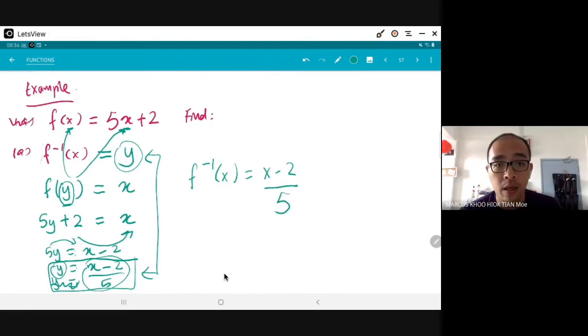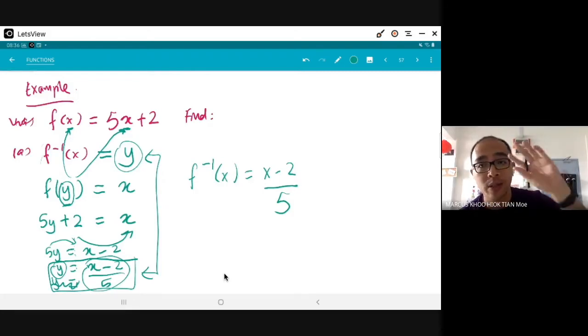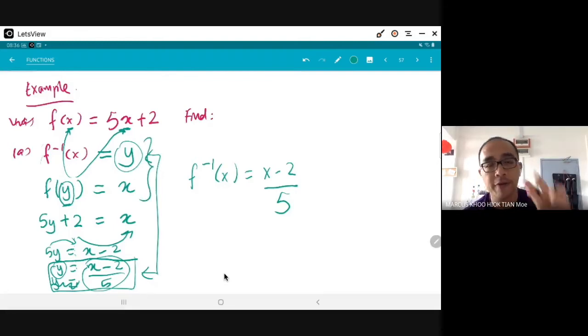Okay, so that's the important thing lah. Ini adalah yang probably the most important thing in this subtopic. Kamu harus tahu macam mana mau buat this one. But the basic premise is this. Kita kasih sama dengan y, flip it over, masukkan y, and then after that, tukar supaya tinggal y saja di sebelah kiri. Kita kasih sama dengan x lah.